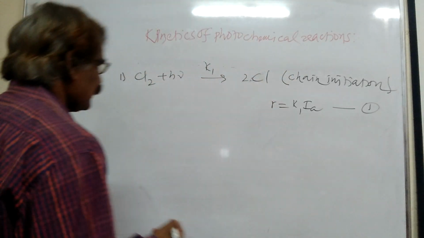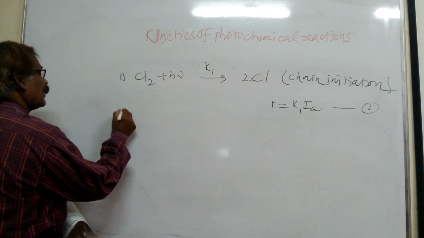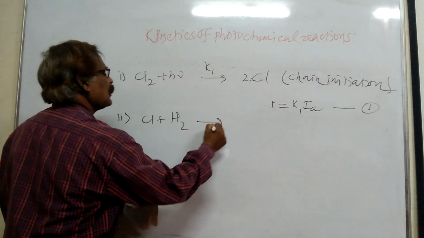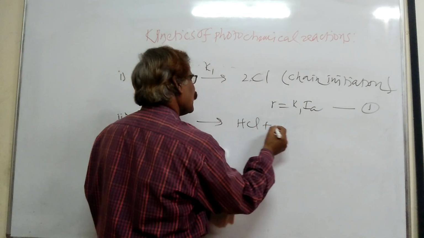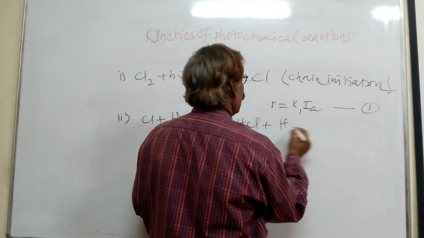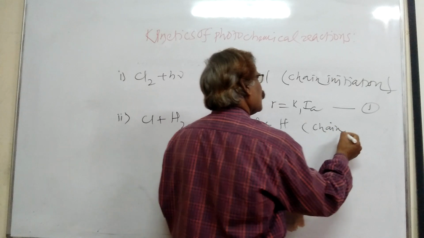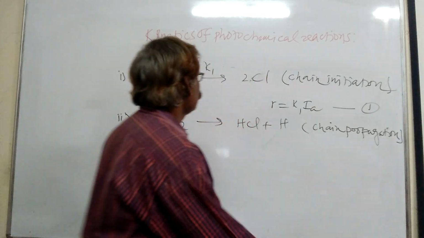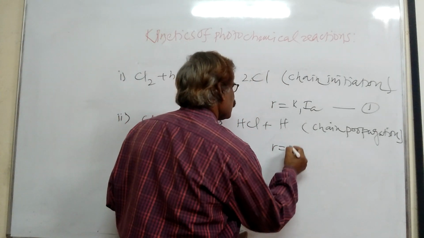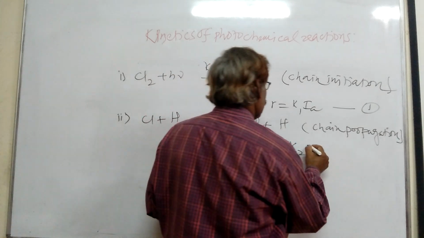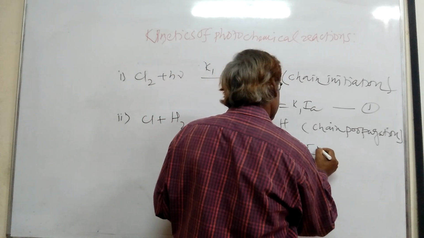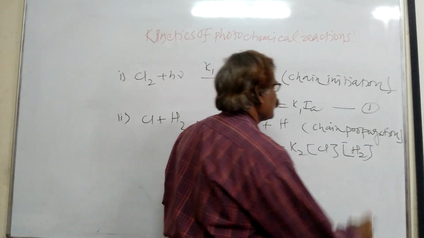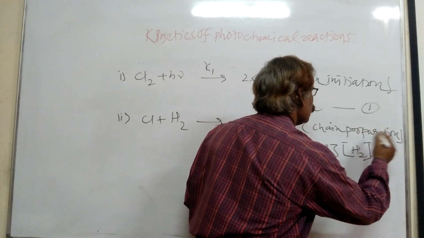The second step in this case is Cl plus H2 gives HCl plus H, and this step is known as the chain propagation reaction, and the rate of this reaction is given by R equal to K2 into the concentration of Cl into the concentration of H2.